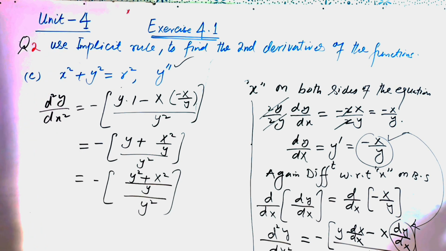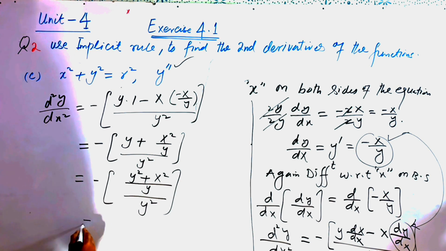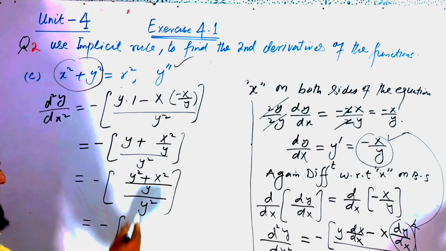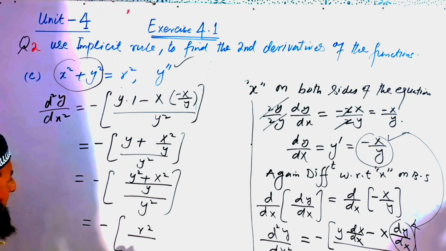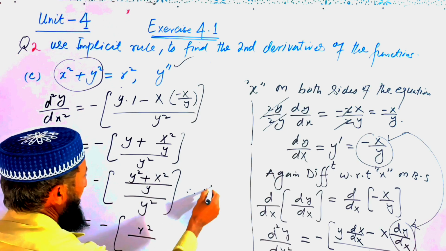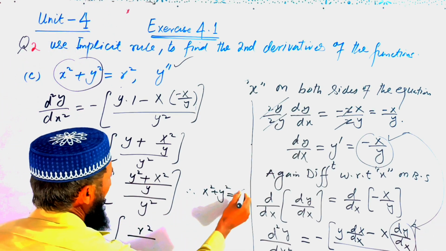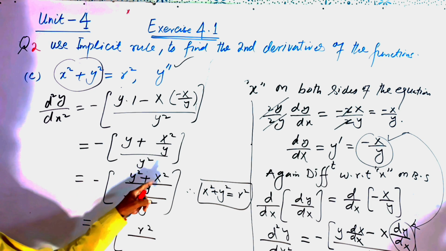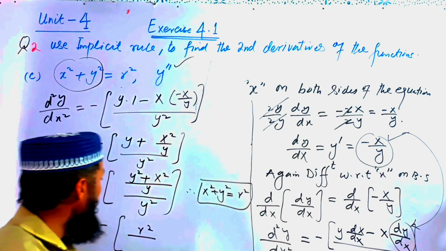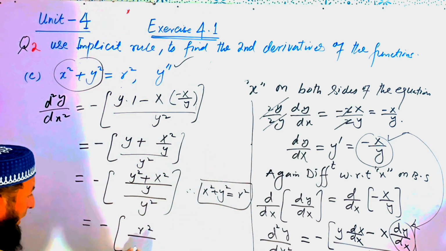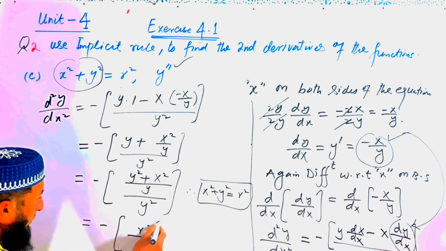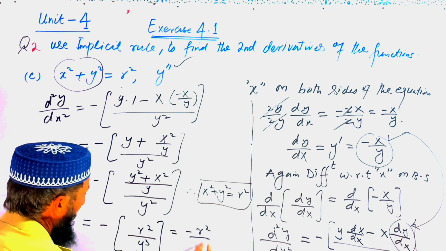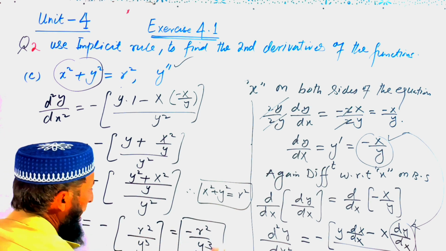Now x square plus y square is equal to r square, already given in the question, so we replace it with r square. So y and y square give the reciprocal y cube. We get the result minus r square divided by y cube, which is the required answer.